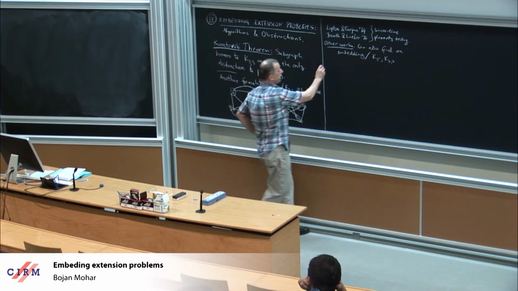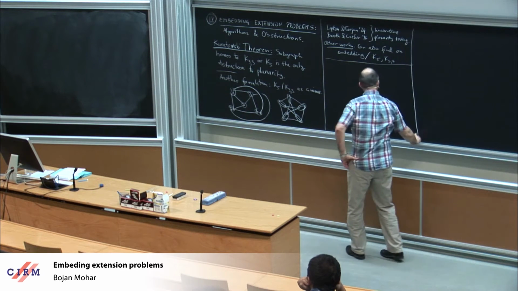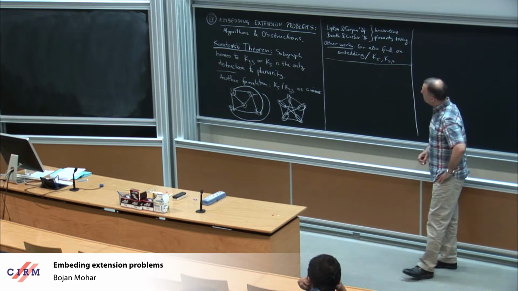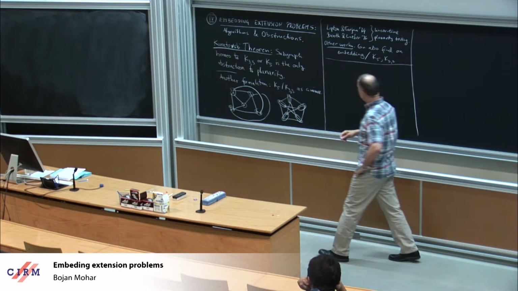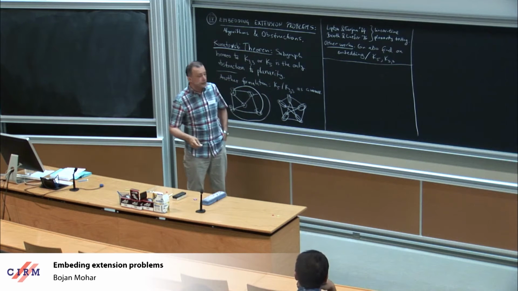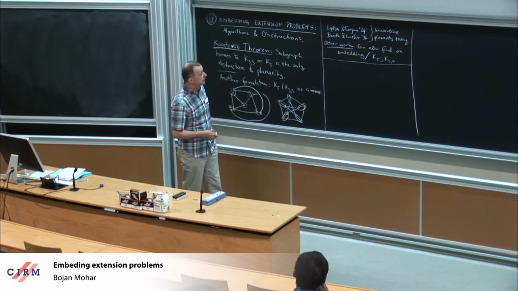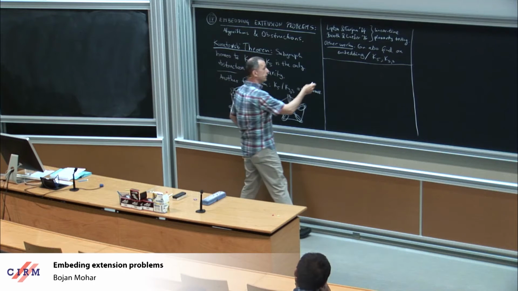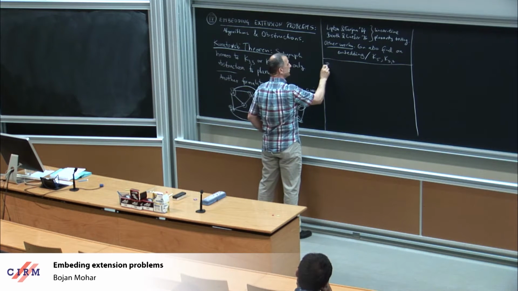Now, the question is, what happens when you go from the plane to more general surfaces? The simplest surface would be the torus, an orientable surface, but it's more difficult to deal with than some non-orientable surfaces.